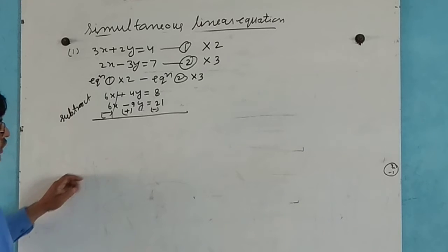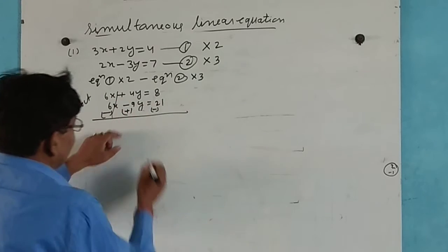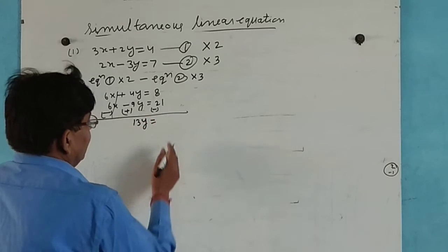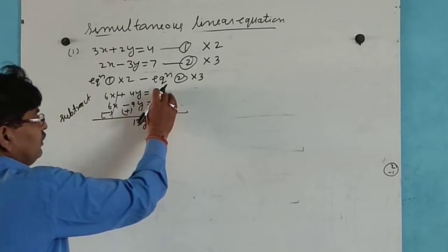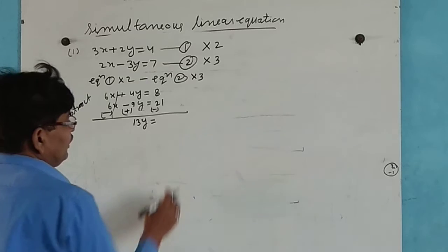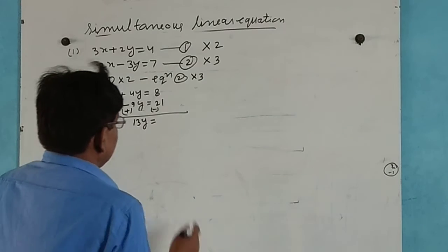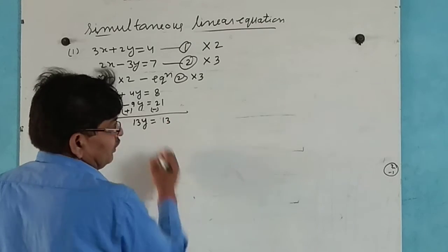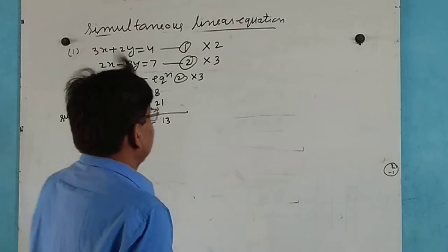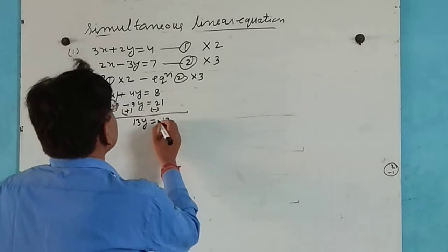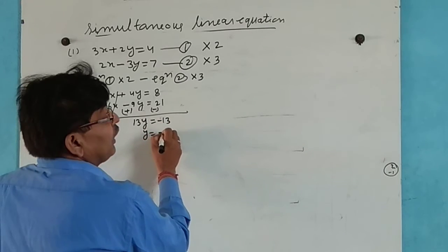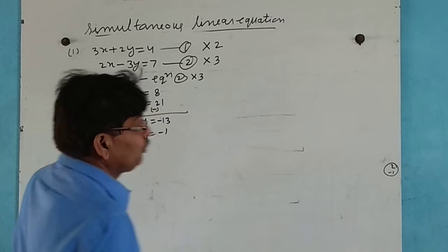6x cancels, 4y plus 9y is 13y, and 8 minus 21 is minus 13, so y is equal to minus 1.